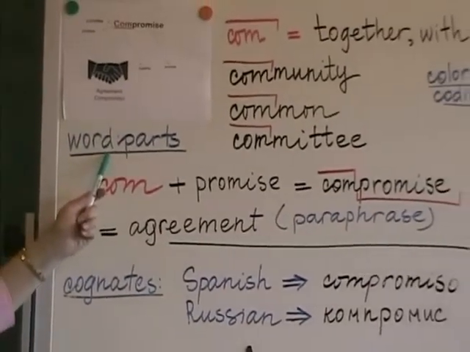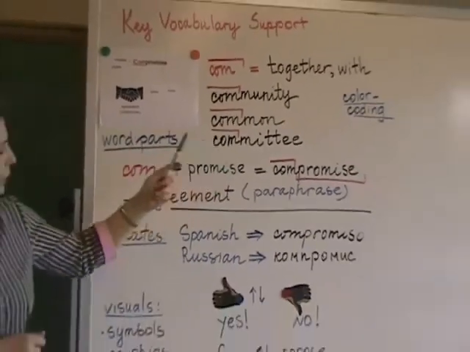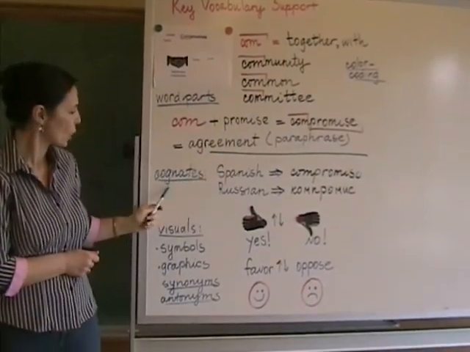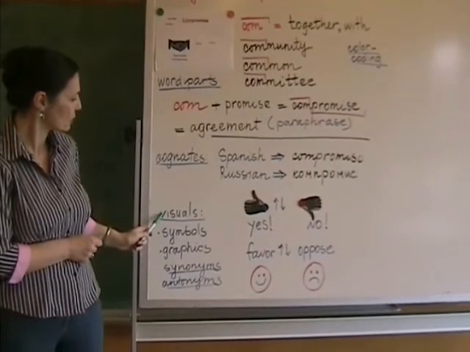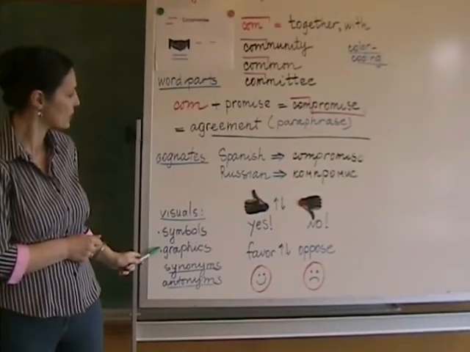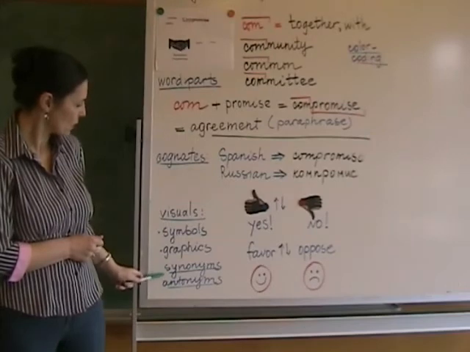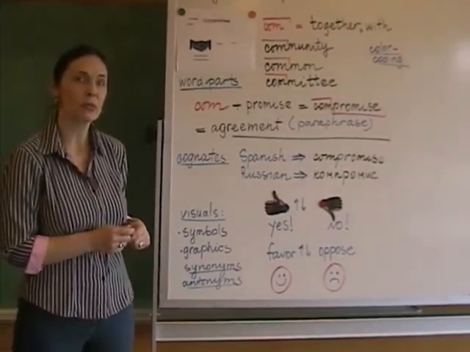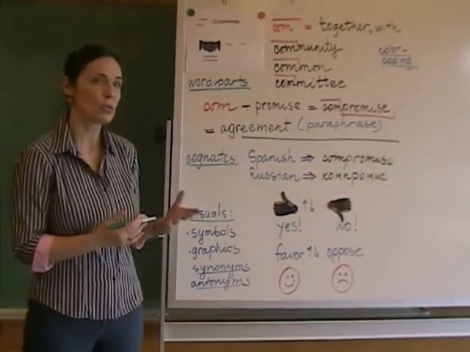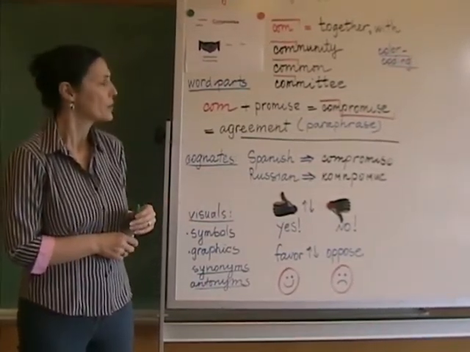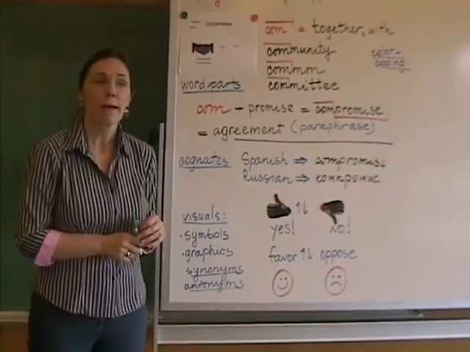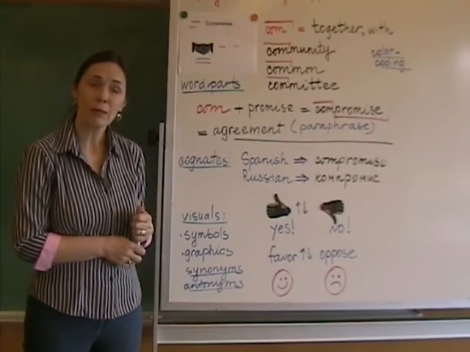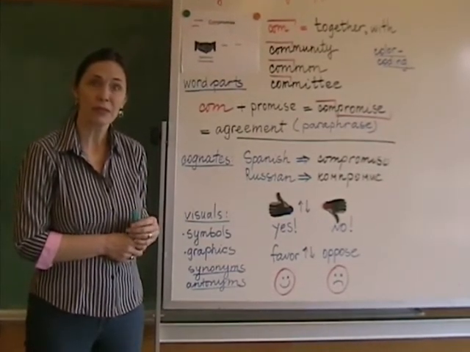Those are word parts, color coding, paraphrasing key concepts, using cognates, using visuals such as symbols and graphics and pictures, synonyms and antonyms, and of course talk through the words and maybe give an opportunity to your students to use this word in some sentences. So this way the students will create many connections in their brain, and the concept of compromise will not present a difficulty for them.